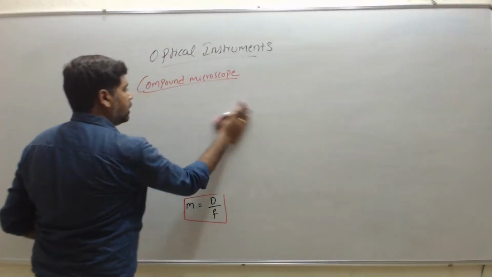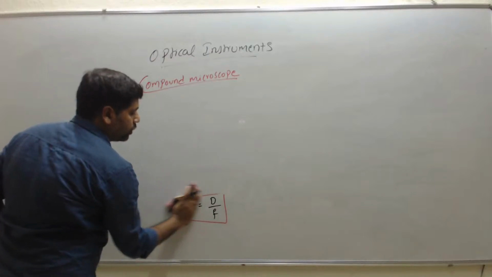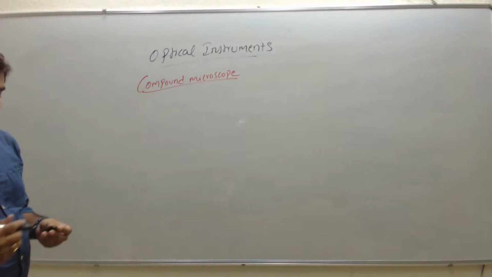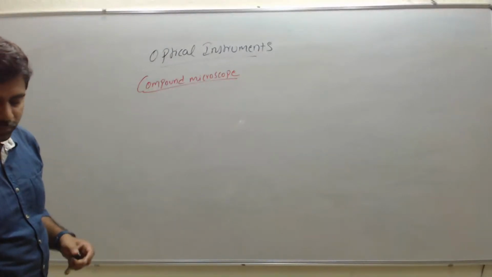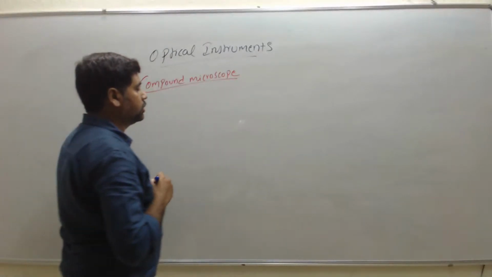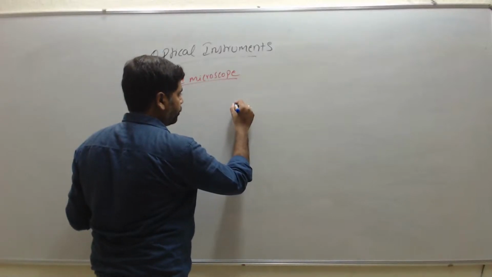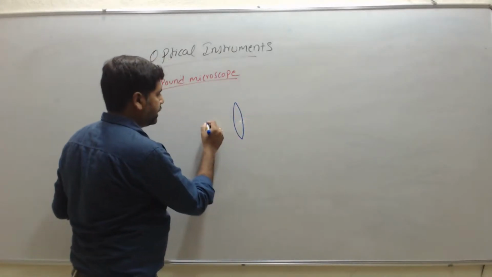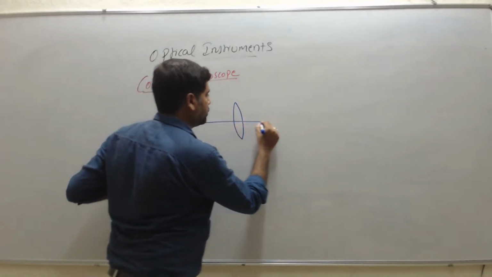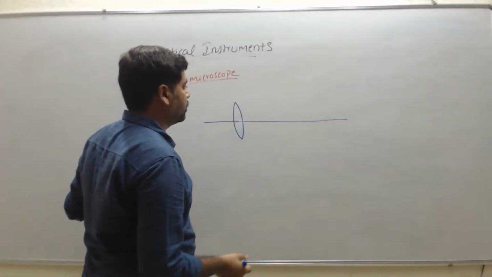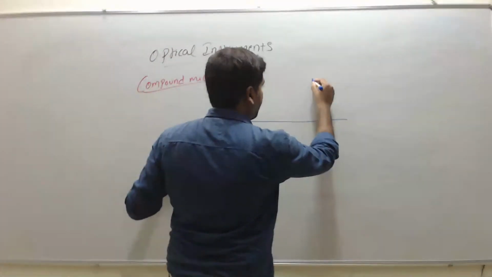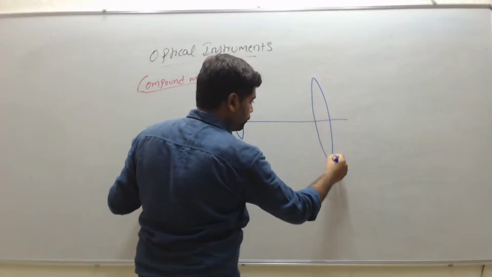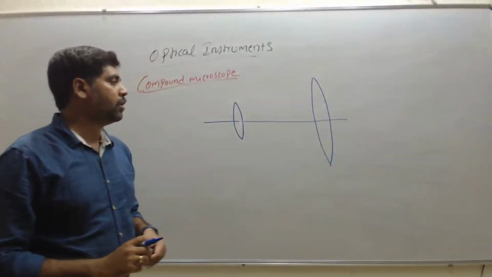So let's see how the compound microscope works. Here we take one lens on the principal axis, and another lens.